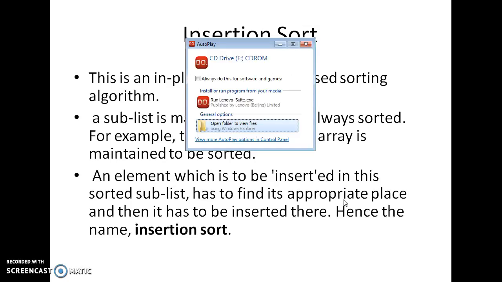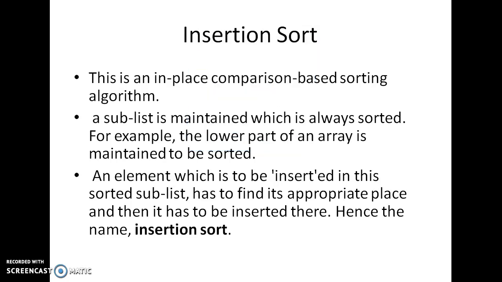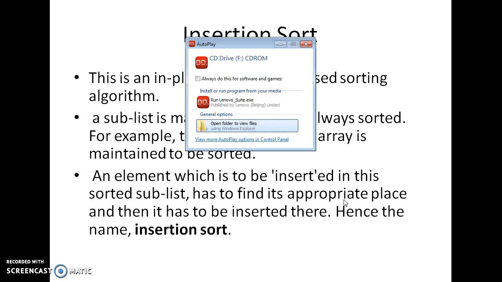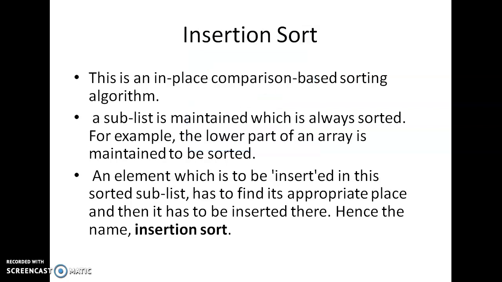Whenever we want to insert a new element into the sorted sublist, we have to find out in which place of the sorted sublist this element has to be placed, and that element is inserted into that particular position. Such a sorting technique is called insertion sort.